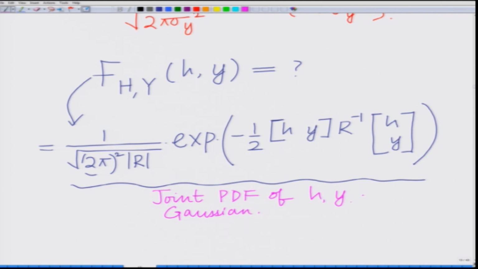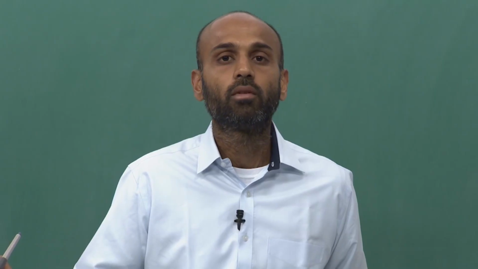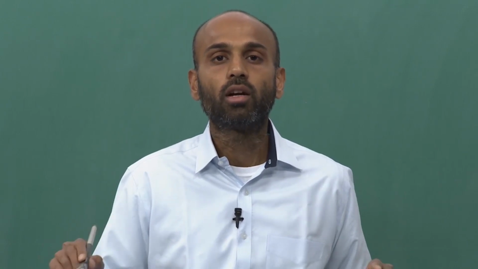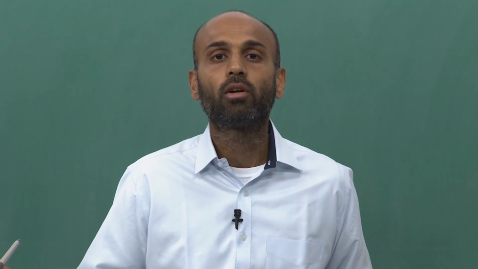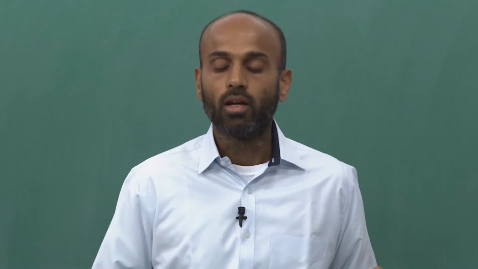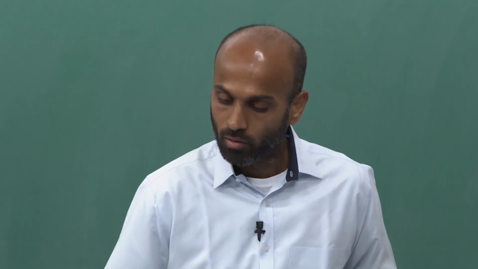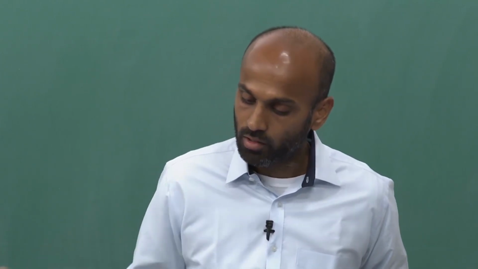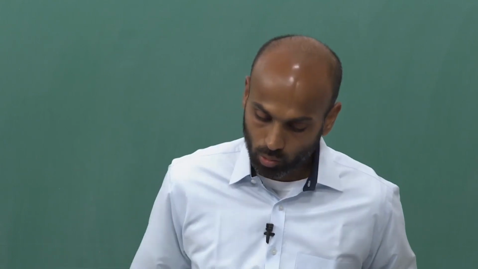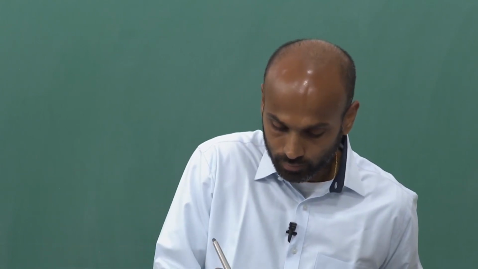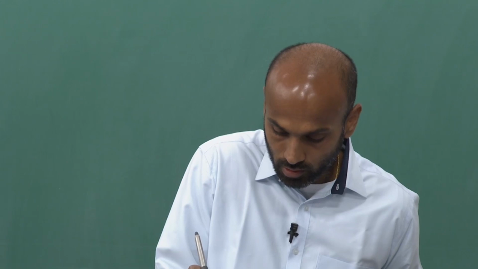So, this is the expression for the joint probability density function of the jointly Gaussian random variables h comma y, where h is the unknown parameter, y is the corresponding observation. All right. So, now let us evaluate this joint probability density function of h comma y. To evaluate this, first we need h y R inverse. We have already calculated R inverse. Now, let us evaluate what is the row vector h y. I want to evaluate this part.